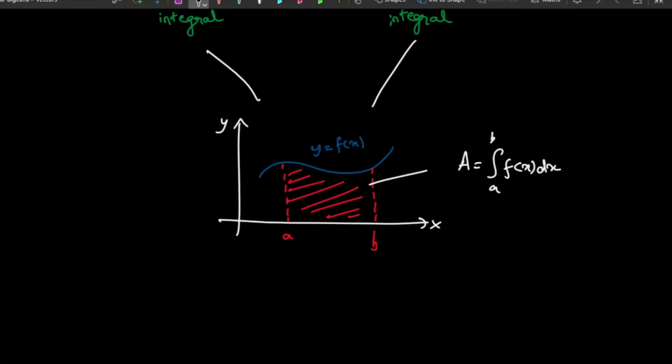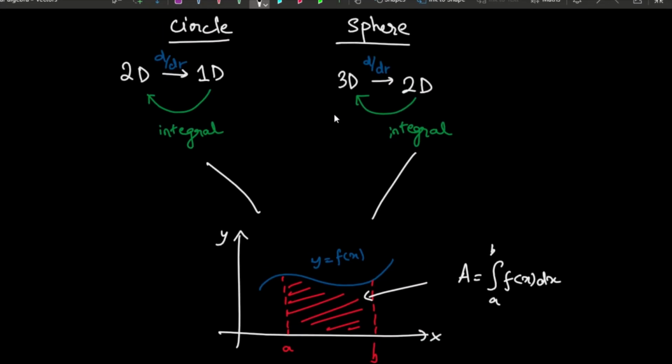So in this video, I actually talked about two very specific examples of how, when we take the derivative, the dimensions become less than before. And intuitively, the opposite will increase dimensions, which is what integration is all about. So I just wanted to bring about this new perspective, which I've not really seen discussed as much as I thought I would.